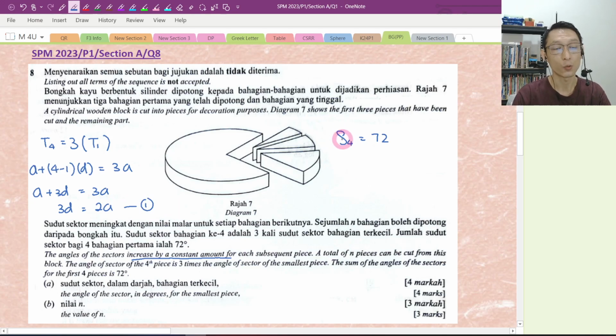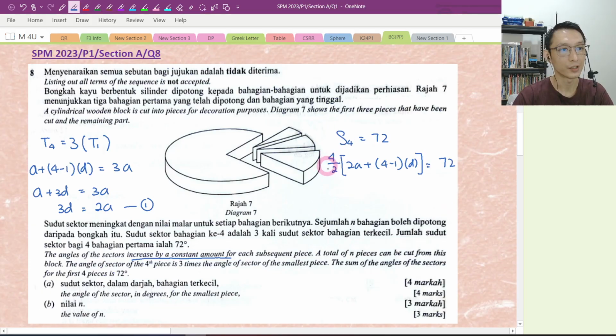Now let's go to this one and form another equation. So as for n over 2, 2a plus n minus 1, which will be 4 minus 1, times d is equal to the sum to the n terms, right? So this is S4, the sum to the 4 terms, 72.